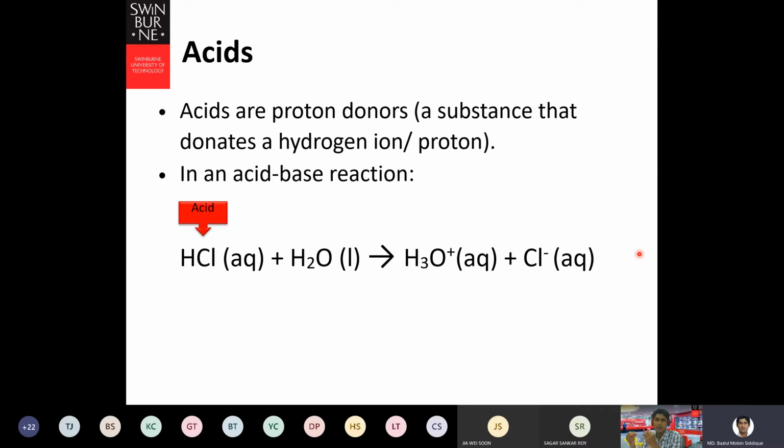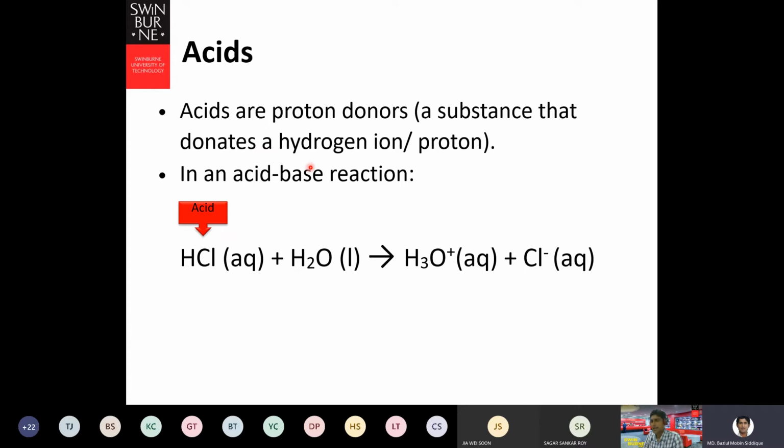Previously we knew about this acid and base definition from Arrhenius, and he says that acids are those that give hydrogen, and bases are those that take hydroxide, the hydroxyl OH group. But this definition does not satisfy all the acids or bases. They do not fall in this, but still they act like an acid and base as well.